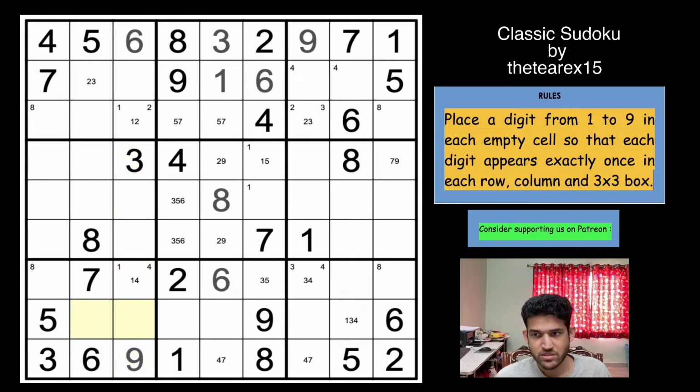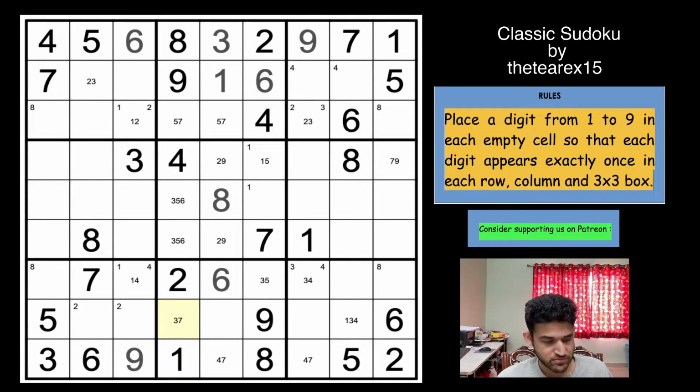Okay, nothing. So 2 goes in this domino, 2 can't be here. This cell cannot be 1, 2, 4, 5, 8, 9 or a 6. 3, 7.